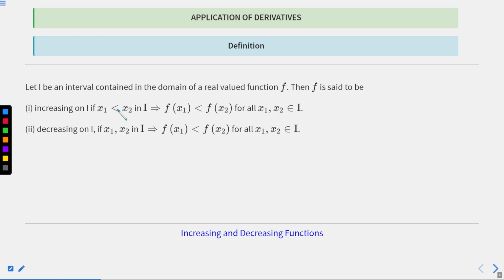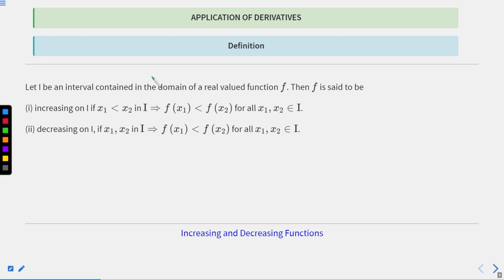Obviously, if you increase the radius at a specific rate, then the area is also going to increase. If you decrease the radius, then the area is also going to decrease. So that can also be interpreted by using the increment and the decrement of a given function using derivatives. So let's see.